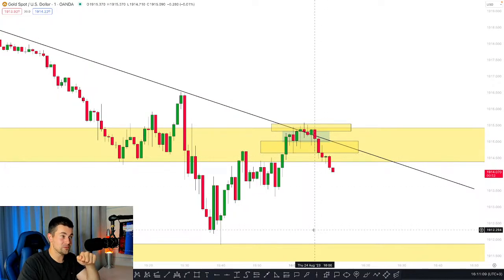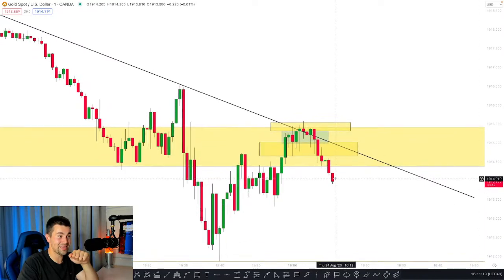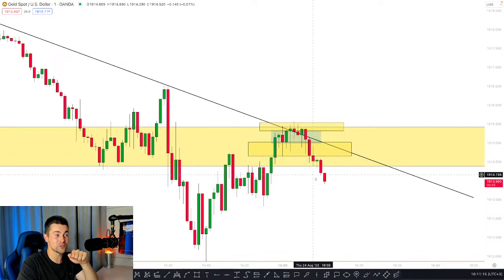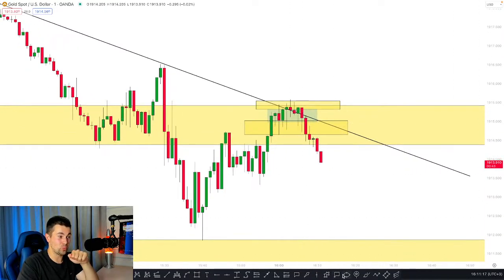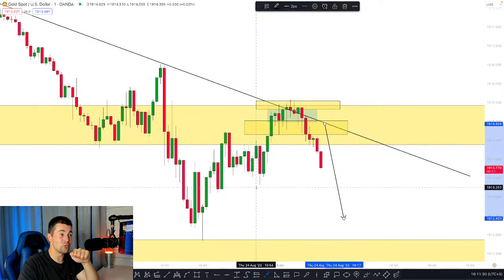And then, traders, you can see that we have violated the support of that range. With that candle, we violated the support of that range and we closed below that. It is a very strong bearish signal, and it indicates that most likely gold will keep falling.